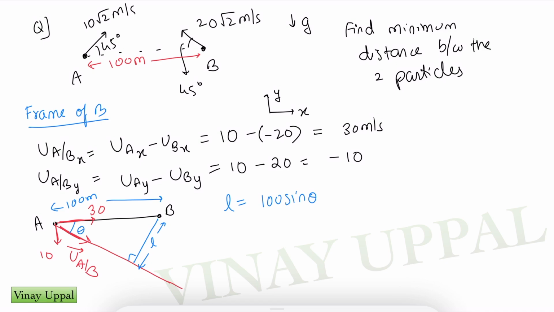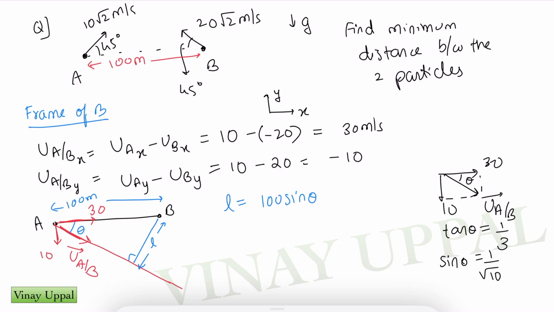Now what is theta? Theta is nothing but the angle that the velocity of A with respect to B makes with the x-axis. So I have 30, I have 10. So tan theta is 1 by 3, and therefore sine theta would be 1 by root 10, and this will therefore be 10 root 10 meters. So this will be the minimum distance between A and B during their course of motion.